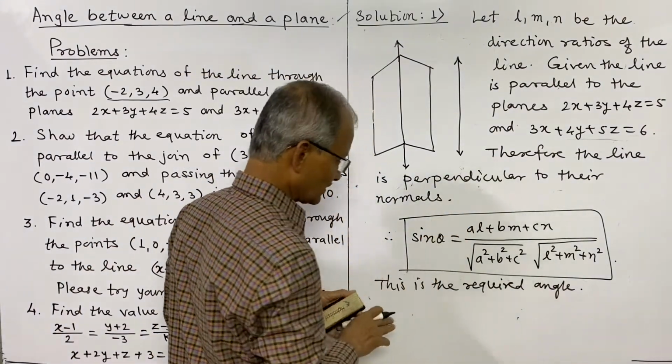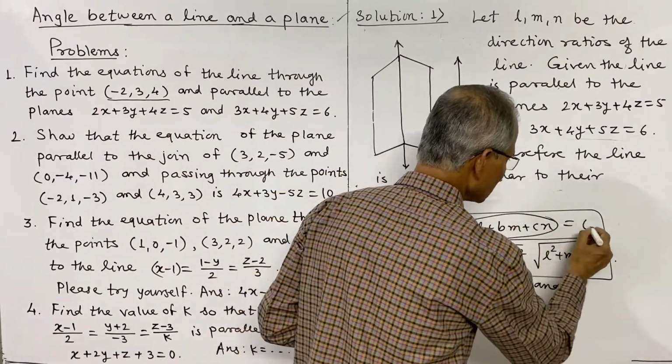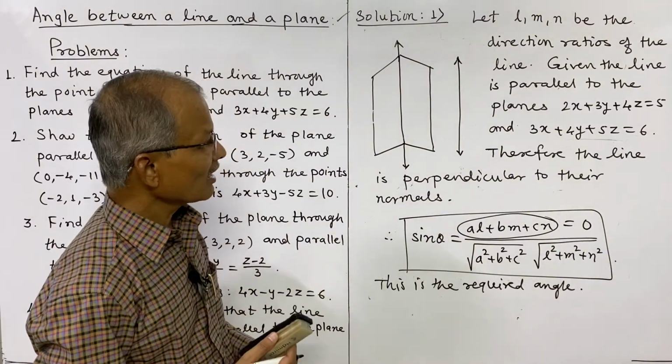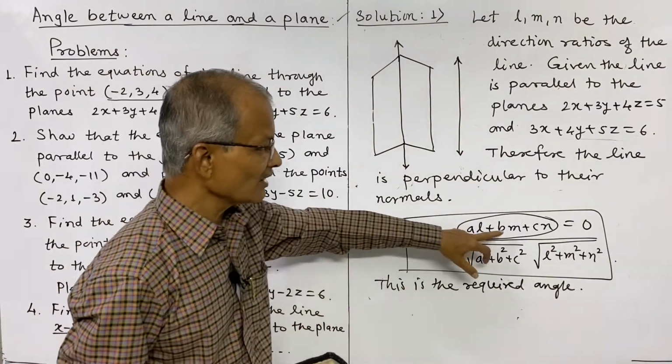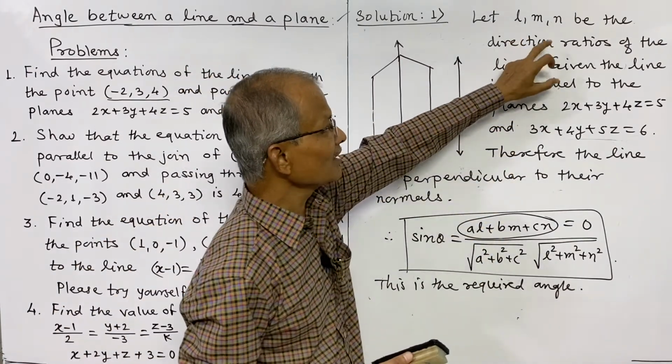That we have written if the line is parallel to the plane. And what are a, b, c? a, b, c are the DRs of the normal to the plane, and l, m, n are the DRs of the line.